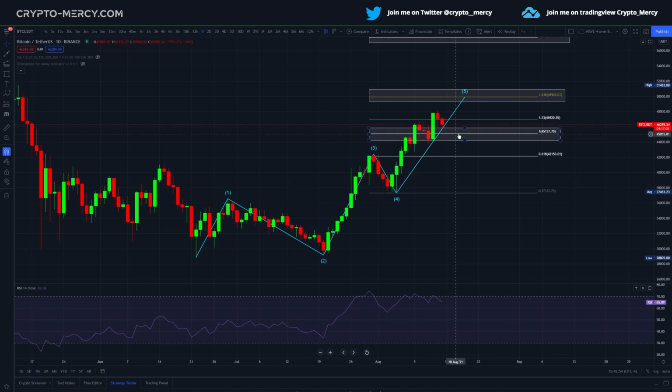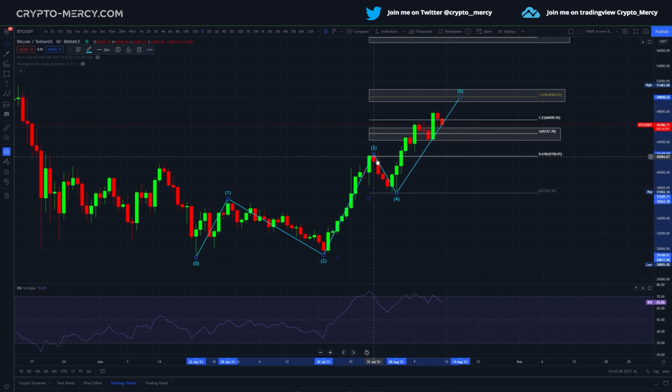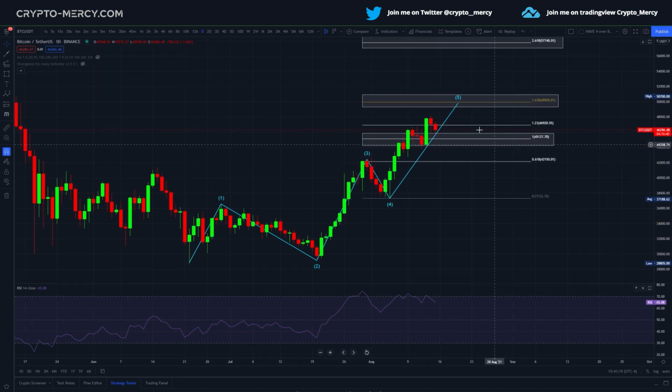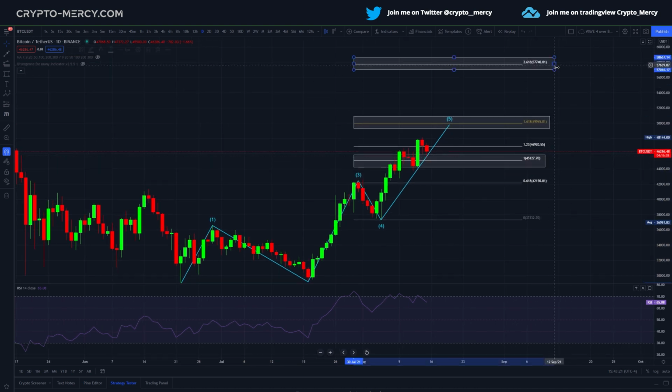This will create a longer wave 5 than the wave 3, and a longer wave than the wave 1. Usually wave 5s really like to be the same length as wave 1, but here it doesn't. It's not always the case, but those are my favorite targets for the wave 5.